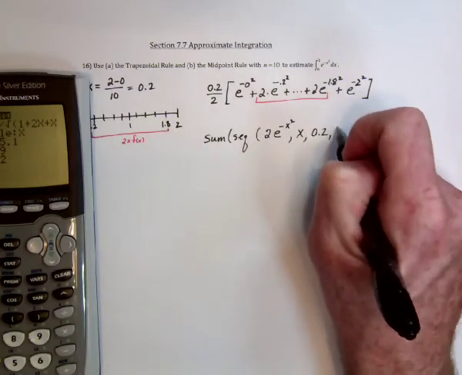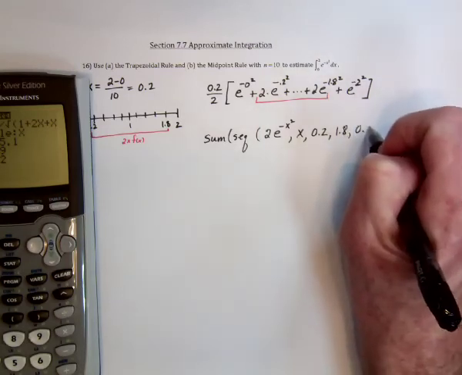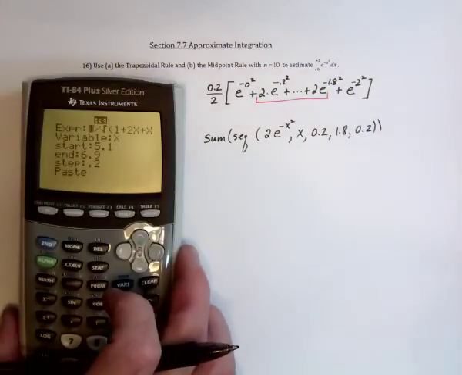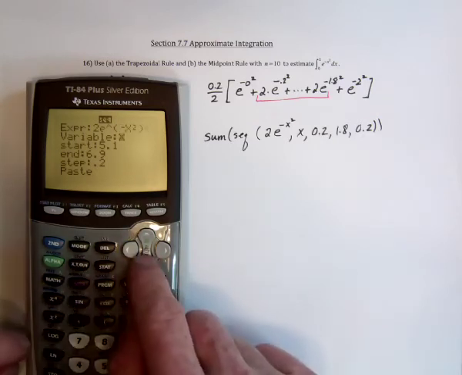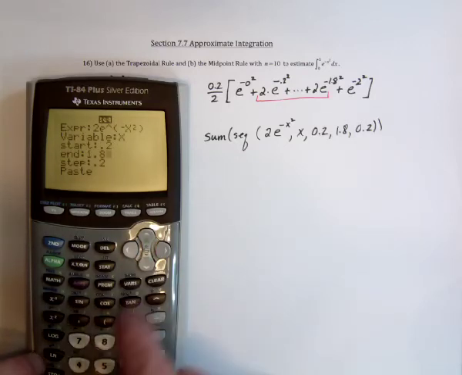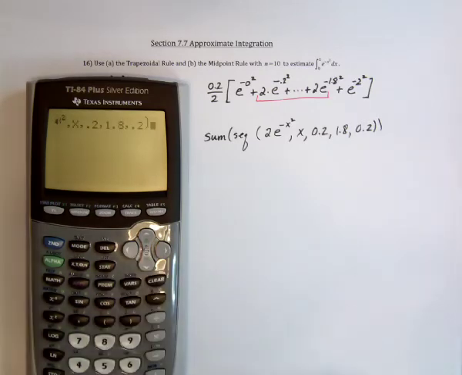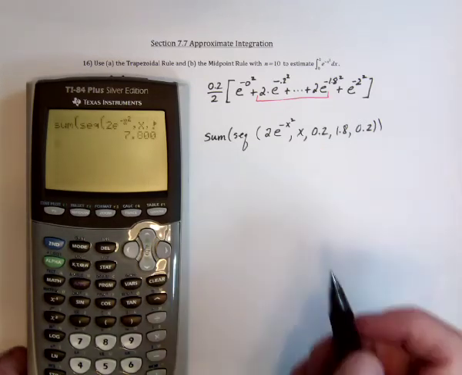The ending point is the 1.8, and the increment is delta x, which is 0.2. So the expression is 2 e to the negative x squared. The variable is x. Start at 0.2, end at 1.8, and the delta x is 0.2. And then it puts it on the home screen, just like this. And the answer is 7.8.